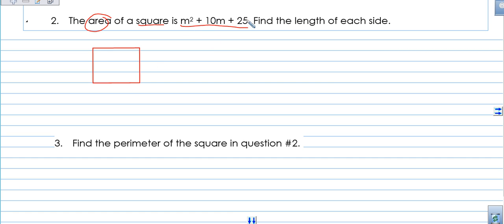But we have a trinomial, so we need to factor it and see if we can get the same on both sides. Okay? So I'm going to take m squared plus 10m plus 25. Now, if this is a true square, when we factor this, you'll get the same thing for both factors.